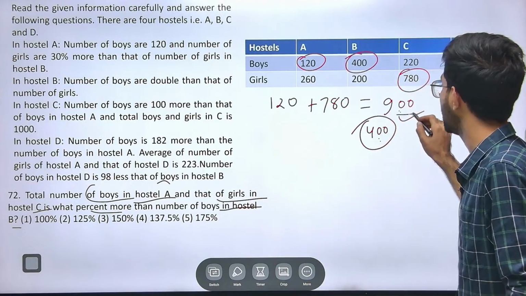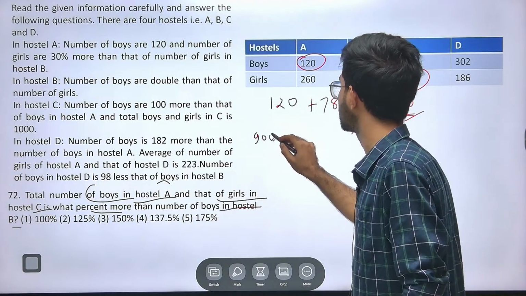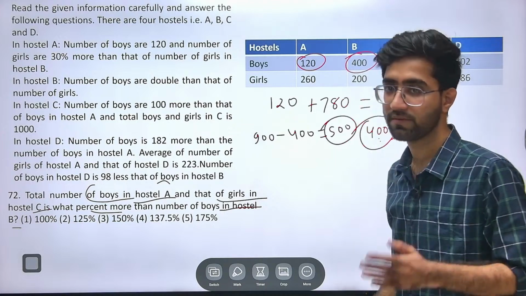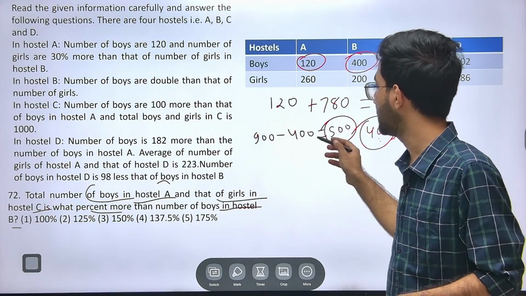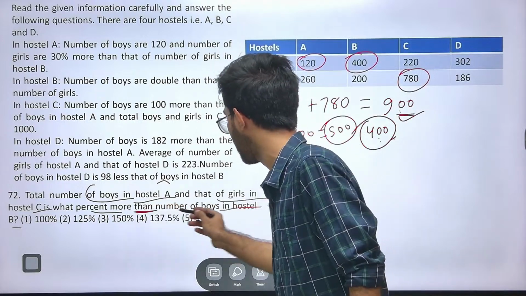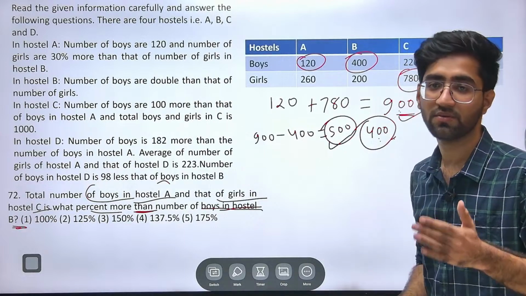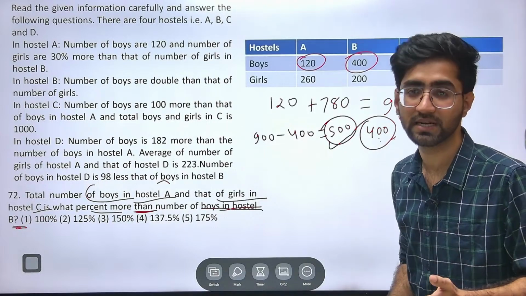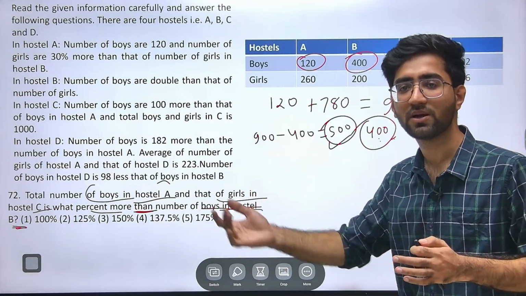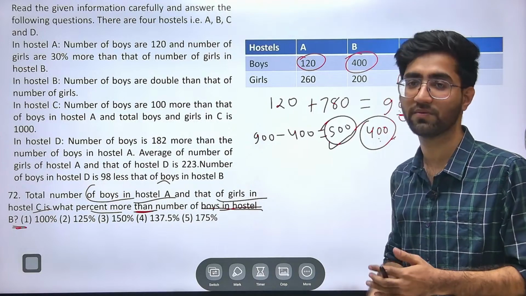So basically 900 is what percentage more than 400? 900 is 500 more than 400. See, you have to answer with respect to the number of boys in hostel B. So now the question is, 500 is what percentage of 400? If you are good at calculation, you will be able to answer 125 percent, right?